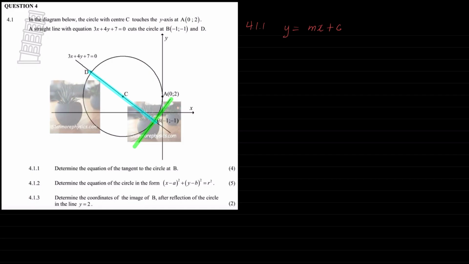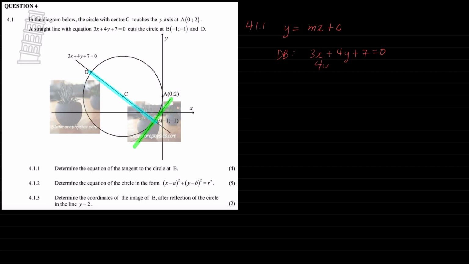So we have the equation of the line DB, and so then we can just rearrange it and work out the gradient. So that line DB is 3x plus 4y plus 7 equals 0. Now we just need to do some rearranging because we want it in the format y equals mx plus c. So let's take everything over except the 4y.